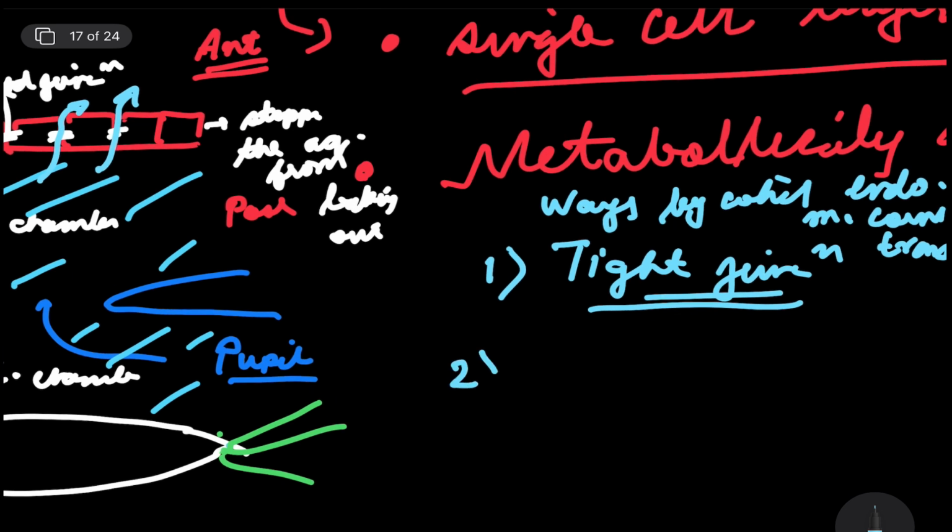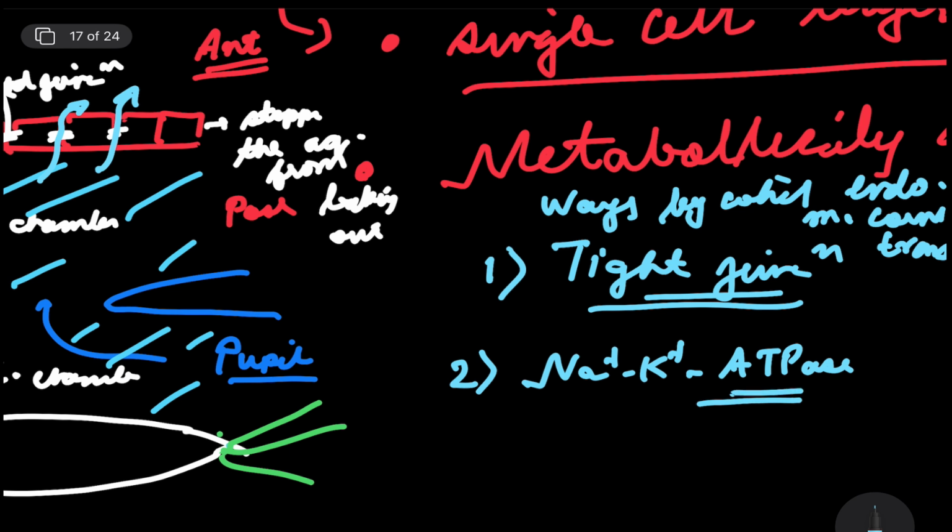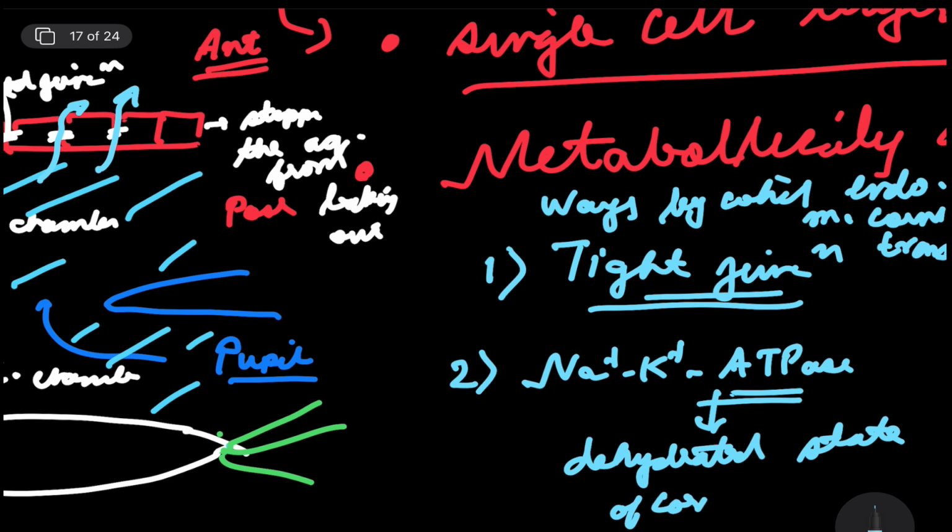Second way is, remember, it is metabolically active, so it has the sodium potassium ATPase pumps. The sodium potassium ATPase pumps within the endothelial cells help in maintaining the dehydrated state of the cornea. Very, very important. Basically, we cannot have any kind of fluid overload in the cornea.